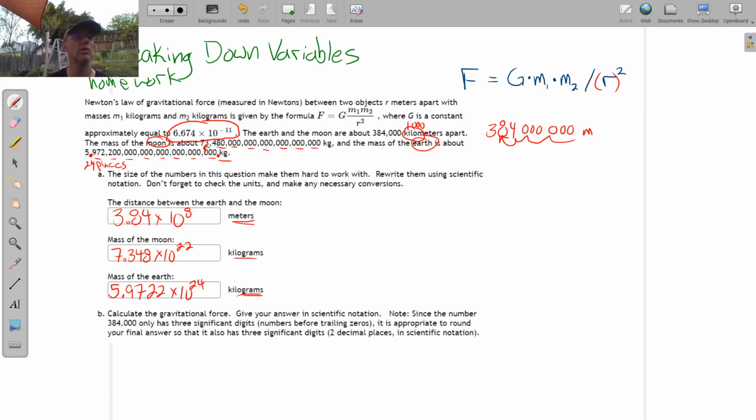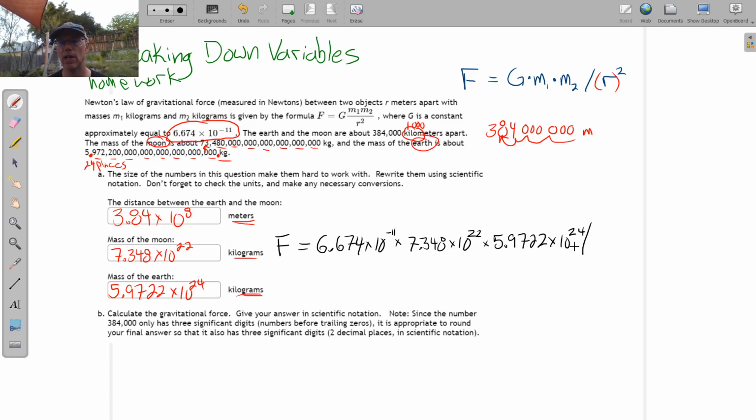So I'm just going to write that out here. I'm going to take the 6.674 times 10 to the negative 11, multiply that by, let's see, mass 1, the moon, 7.348 times 10 to the 22nd, multiply that by mass 2, that would be the Earth, 5.9722 times 10 to the power 24.